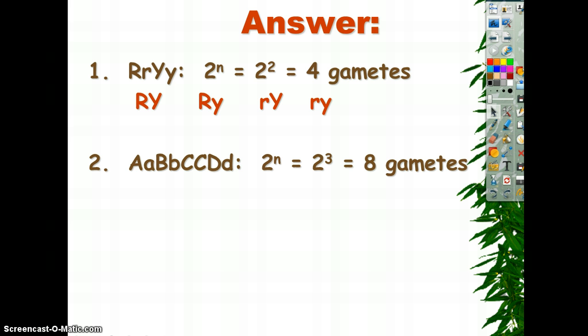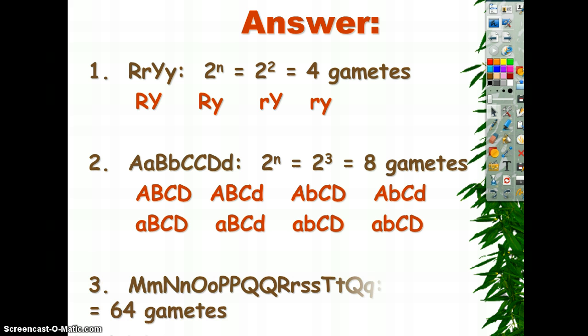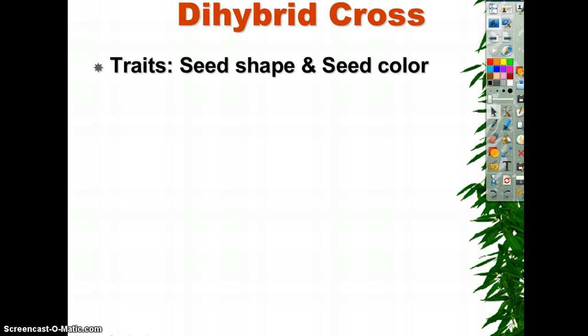And if you look at this, in this genotype, you have 3 heterozygotes, so 2 to the third, or 2 times 2 times 2, this person would produce 8 different types of gametes. There's all the possibilities. And this is definitely something we wouldn't do, but if you look through here, there's 6 heterozygotes, 2 to the 6, you're going to have 64 gametes.